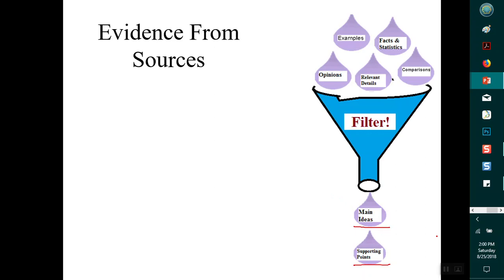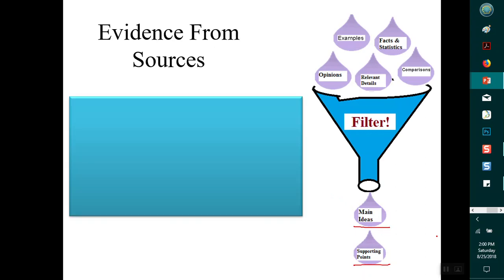For my purposes, I look at your research. I don't read every single word of every single article that every single student gives me. So I really need you to give the main points and the supporting details, the important facts, the important examples, so that I can understand the research and know what the important things are that you want me to remember.